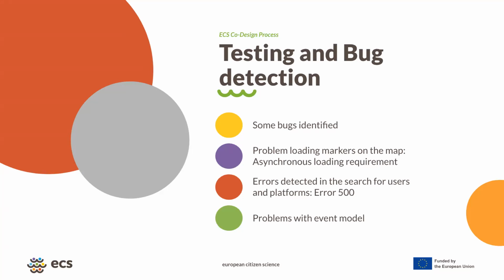I remember that the official platform had at that time, for searching platforms and users, it wasn't working correctly. I believe this has been a good summary of how the ECS co-design process works.